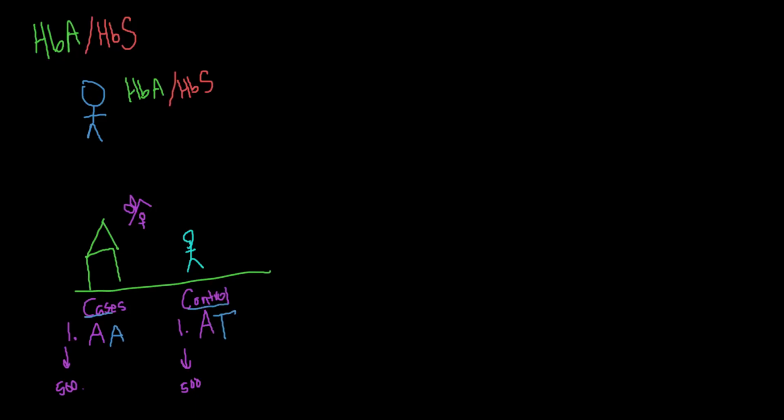And maybe the whole reason that these people right here aren't in the hospital is because they carry the HBS allele, and that somehow gives them resistance to the malaria parasite.